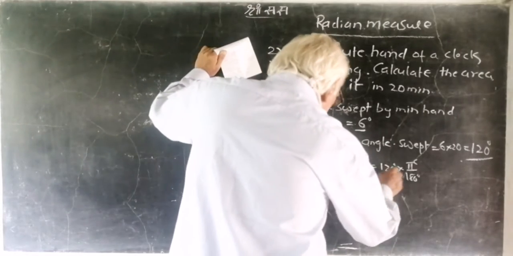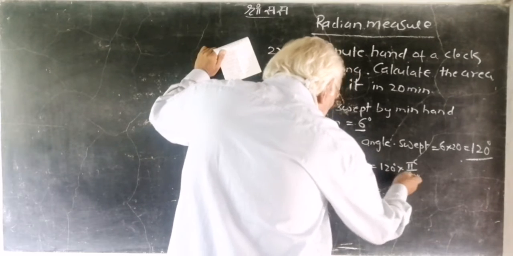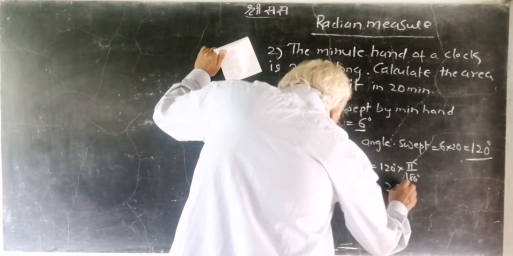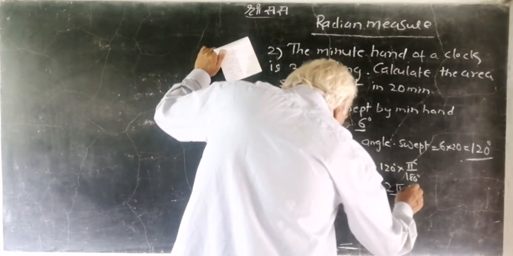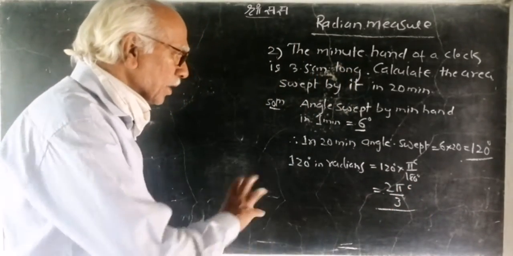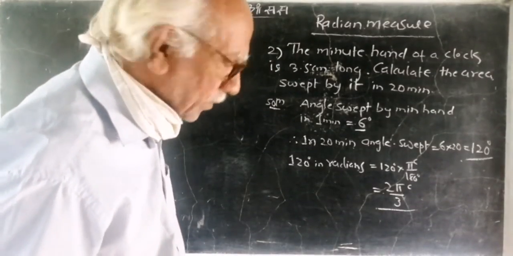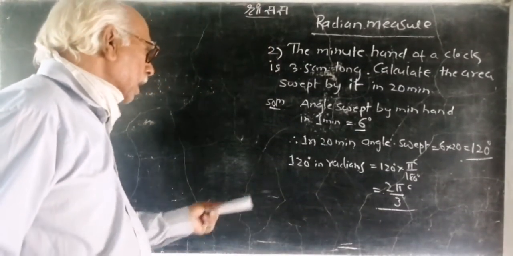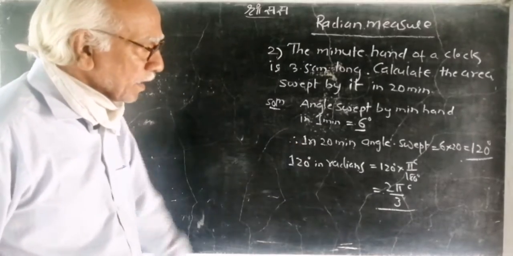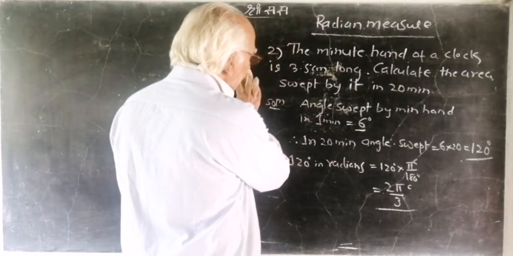So now if you cancel out, what will your answer be? 6 2s are, 6 3s are, so it will be 2 pi by 3 radians. This is the conversion from degrees. So 120 degrees in radians will be equal to 2 pi by 3 radians.